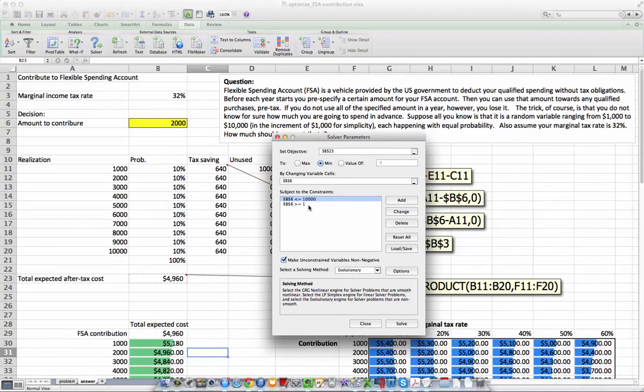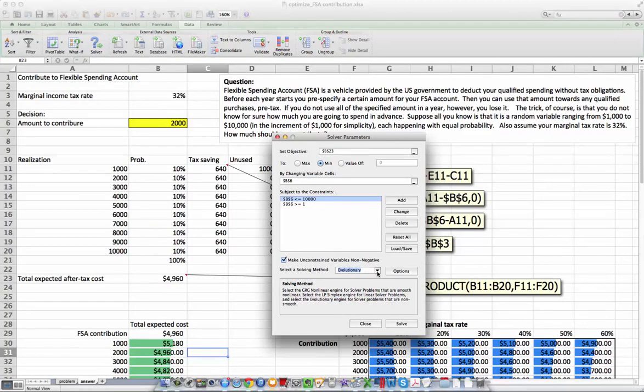And here we set up constraints that it should be greater than $1,000 and less than $10,000. In fact, if you think carefully, there's no reason to select any quantity other than the 10 numbers here. So Excel ultimately will settle on one of those numbers.